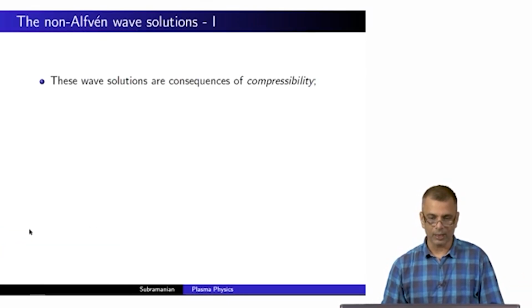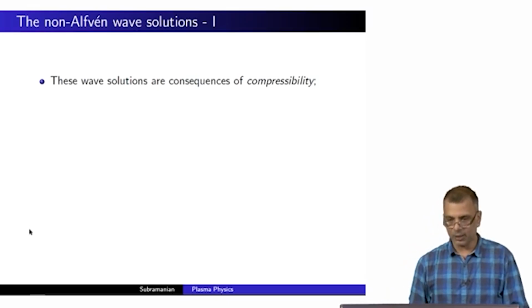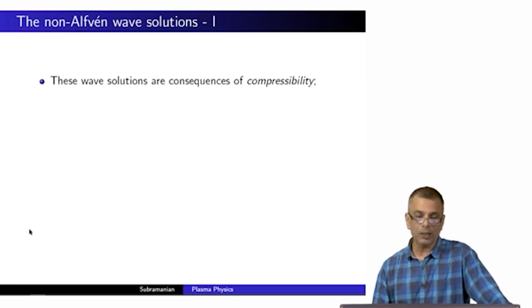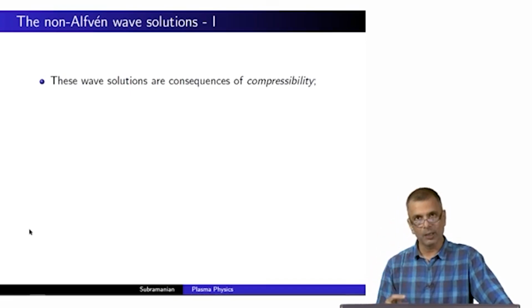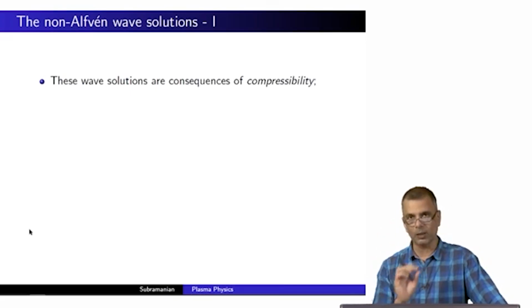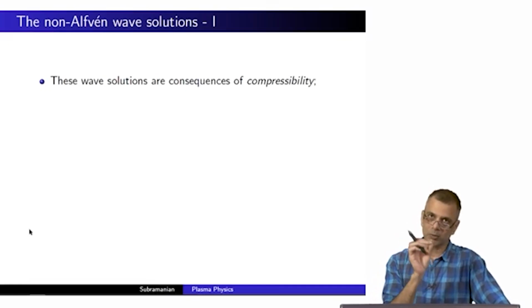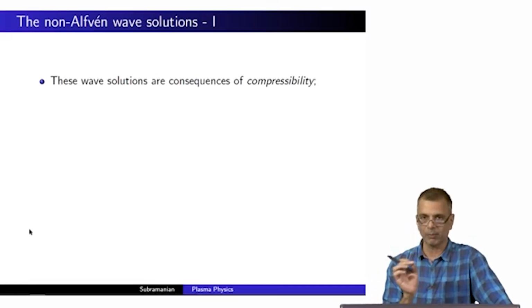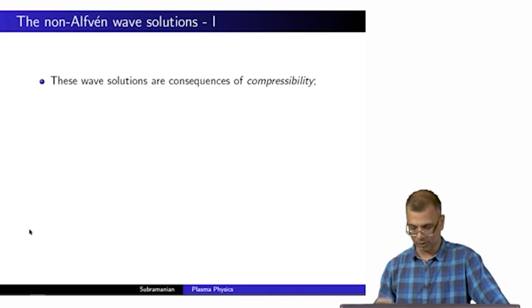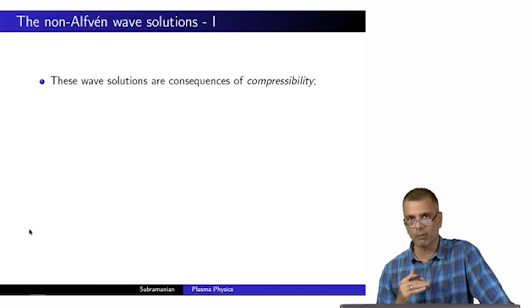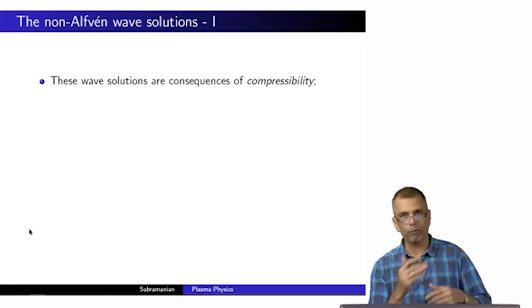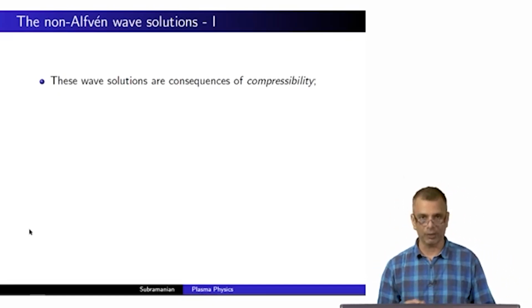Right. Okay. So now let us move to the non-Alfvén wave solutions. Remember, we split up the three equations in components, and we marked only the ones which involve only the y components. We marked them in red. Now how about the other solutions, right? We marked the ones which involve only the y components in red, and we found that they represent Alfvén waves.